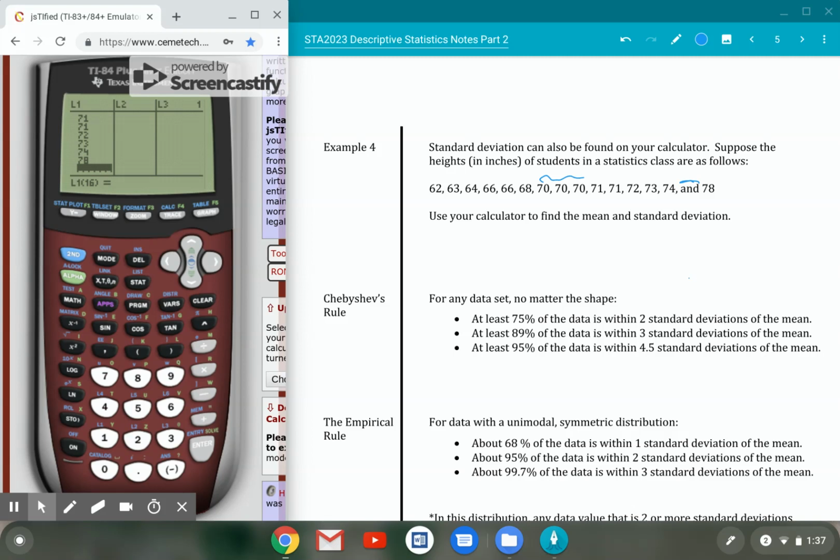We've got 15 numbers here. Let me just double check everything looks good. Seems to be the same data set.